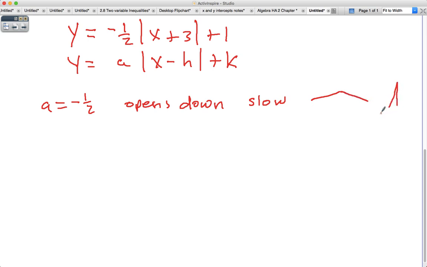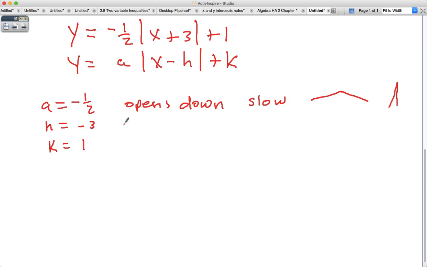So it'll be slow instead of fast, which would be like that. And I know h must be negative because it changed this negative to a positive. So I know h is negative 3. I know k is positive 1.